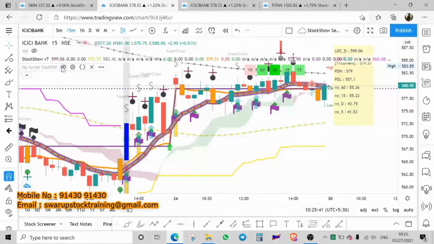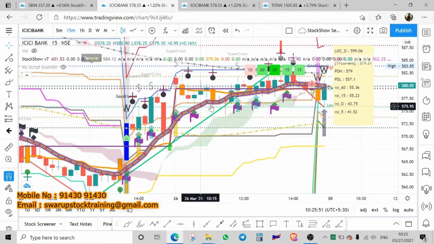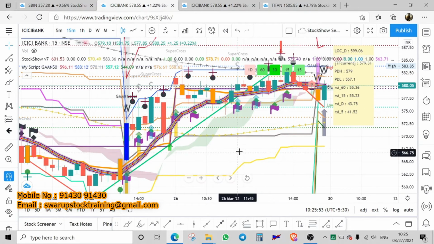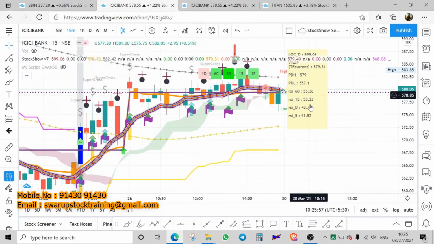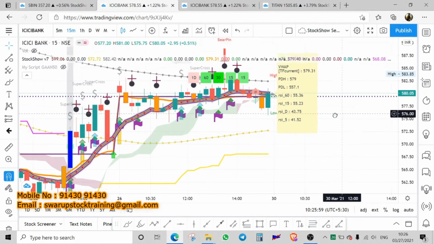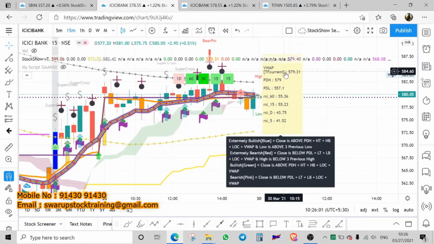So this GAN indicator we have not yet priced, we'll see, because we are also doing a little bit of testing. Once we are absolutely clear, it is almost over, we can always offer it for sale. Okay, and the beauty of this particular software is it also gives you an indication of the current condition of the stock at the moment.